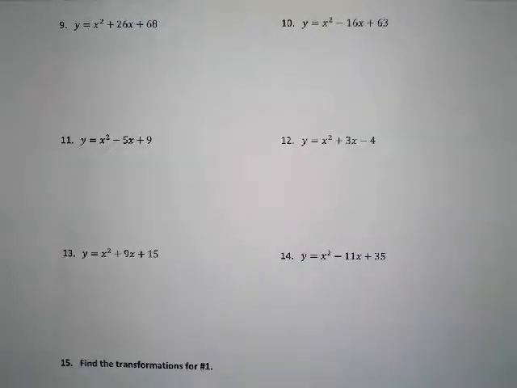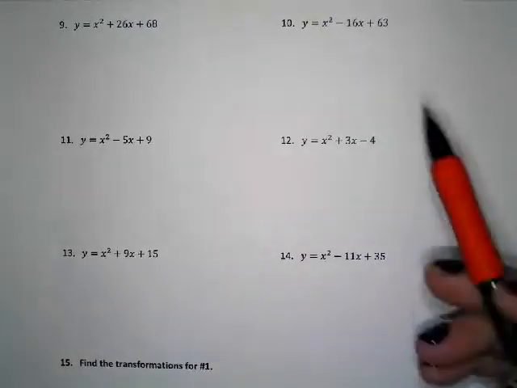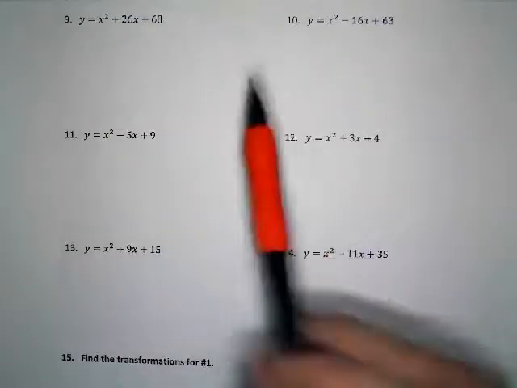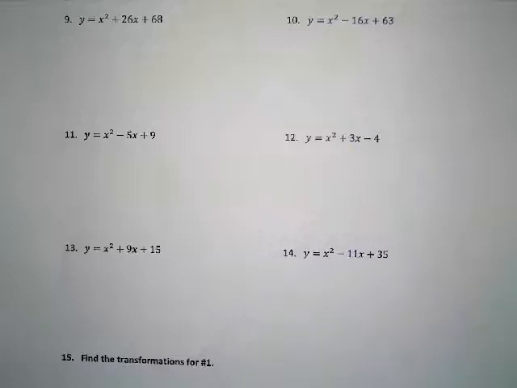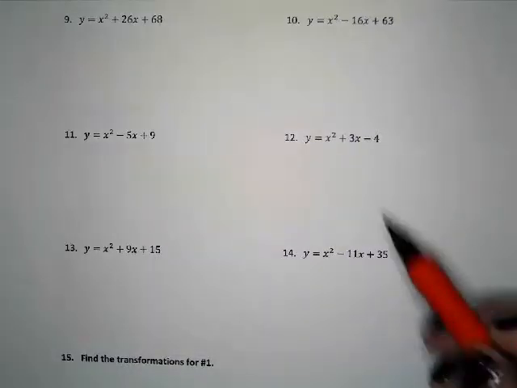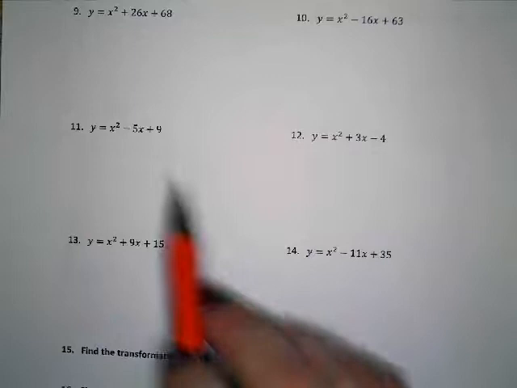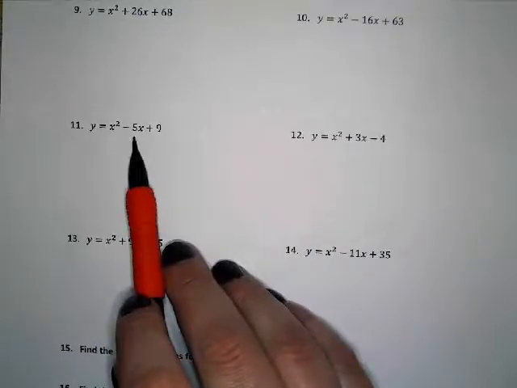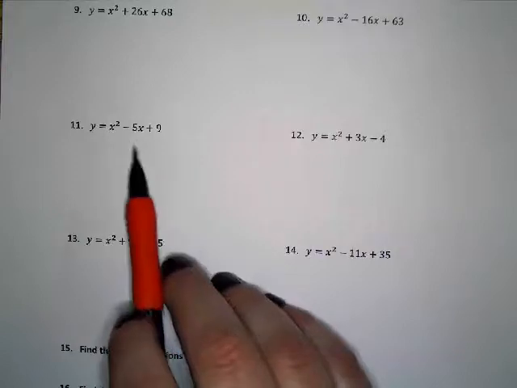When you switch from problem 10 to 11, problems 1 through 10 are all the same, and then 11, 12, 13, 14 are slightly different. The middle terms are odd. And what happens when you take the middle term and divide it by 2 if the middle term is odd? You get a decimal. So should we do one of the problems that are going to give us a decimal? So we could do that.